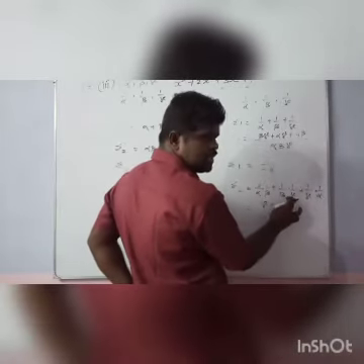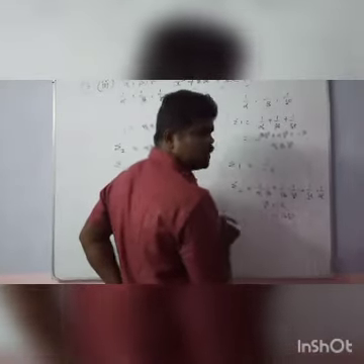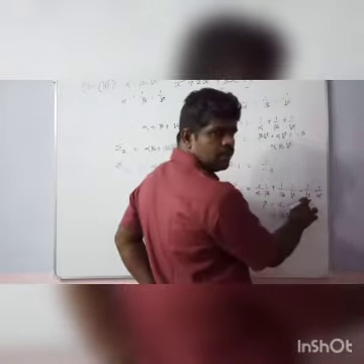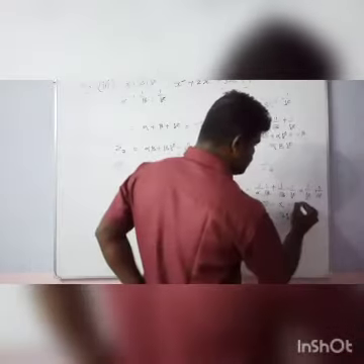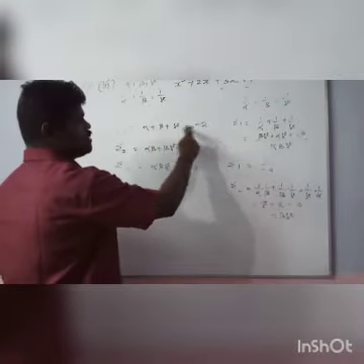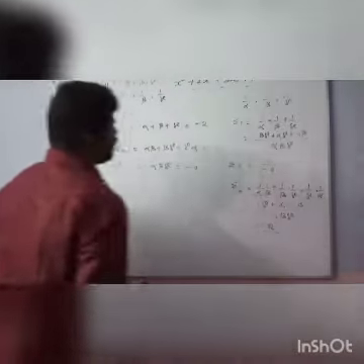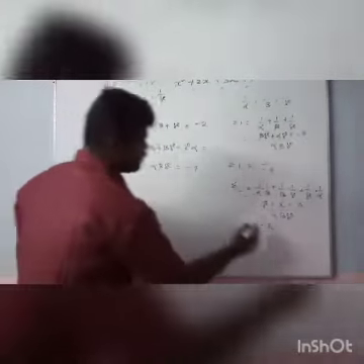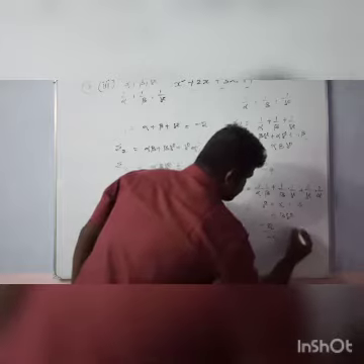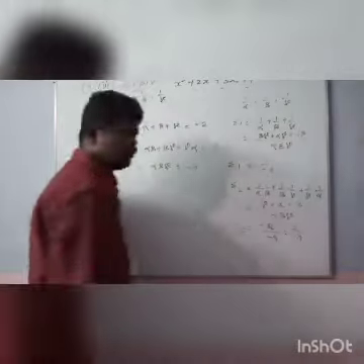Here beta gamma is there, so alpha has not arrived; multiply alpha in the numerator and the denominator. Plus here alpha gamma, beta is not there, so multiply beta. So totally alpha plus beta plus gamma. What is the value of alpha plus beta plus gamma? Equal to minus 2. So minus 2 divided by alpha beta gamma, which means minus 4. Totally 2 by 4. This is summation 2.